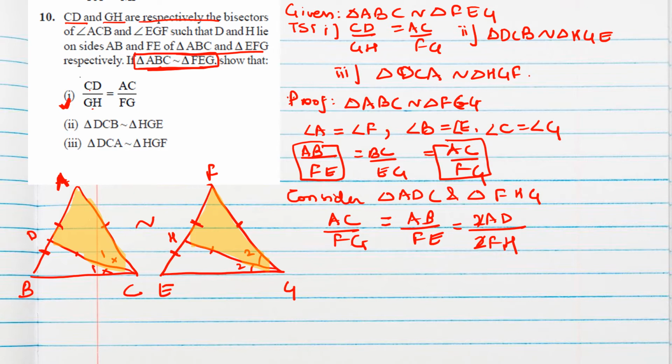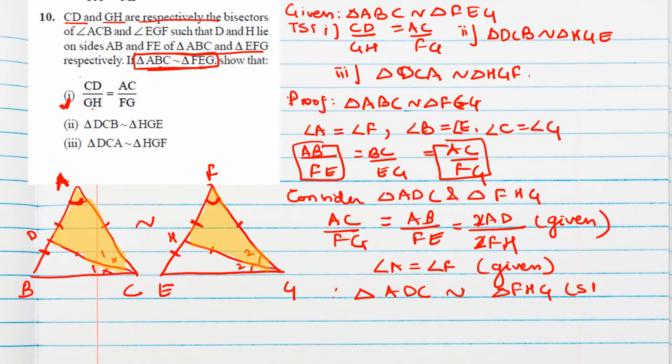and AD by FH also we got. Okay, so two sides are in ratio and angle A and F are already equal, from the given thing. That means we can write triangle ADC is similar to triangle FHG by SAS criterion.